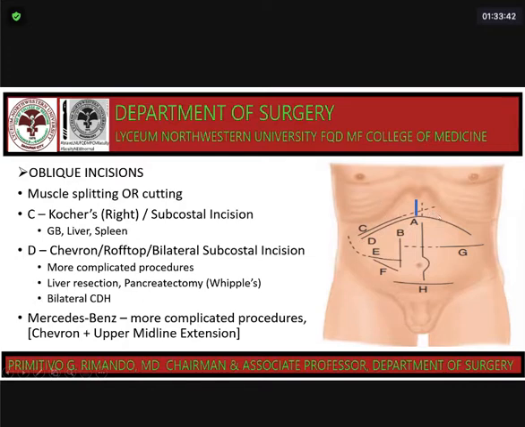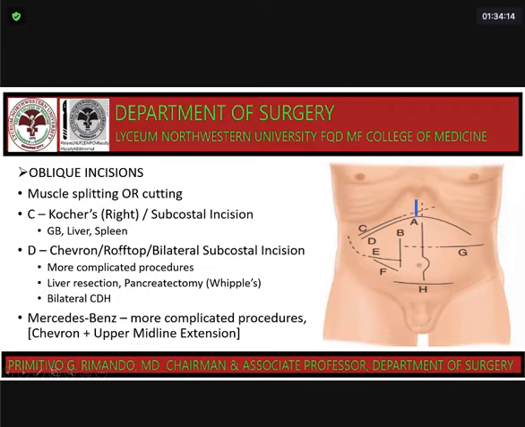But if you do it on the left side, for example to approach the spleen, it's no longer called a Kocher's. The Kocher's is used for gallbladder surgery or simple liver surgeries.